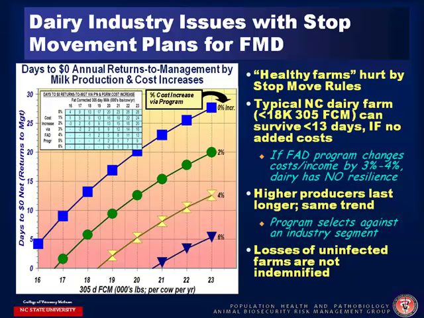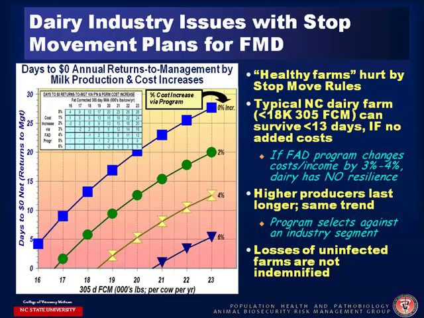This is an analysis I did for the North Carolina dairy industry, where we took a look at milk production per cow, or this would be a herd level measure, and how many days a herd can produce milk but not get paid for it, such as would happen on a stop movement, before we've eaten up an entire year's net returns to management, one measure of profit.